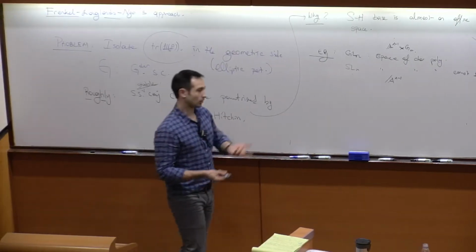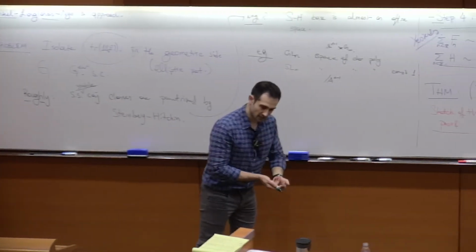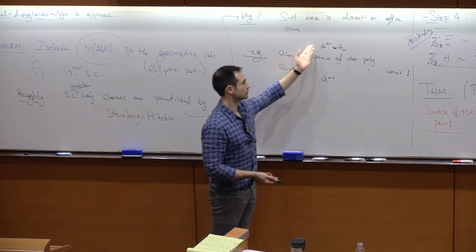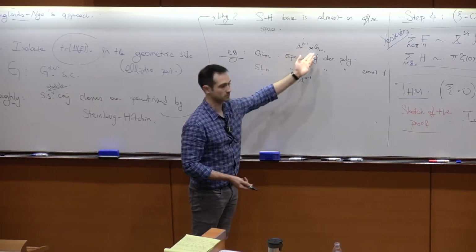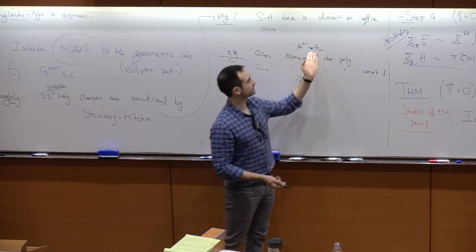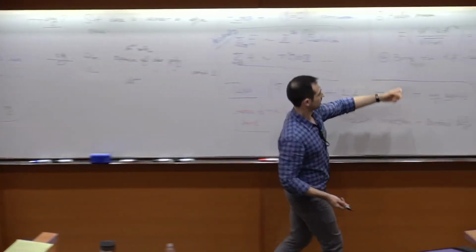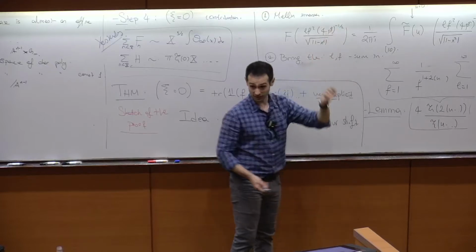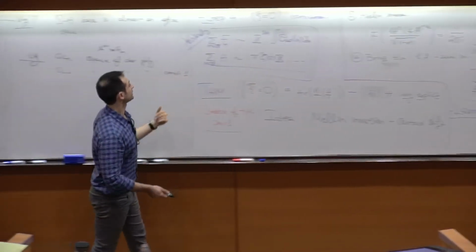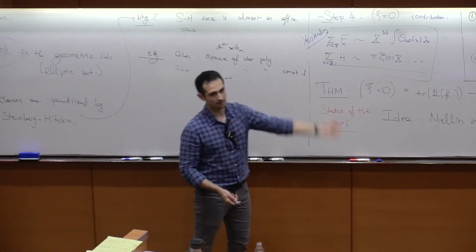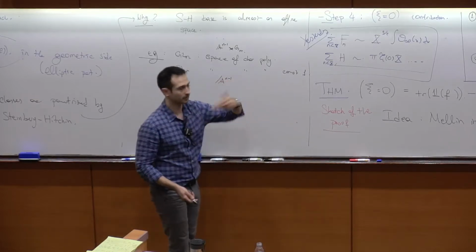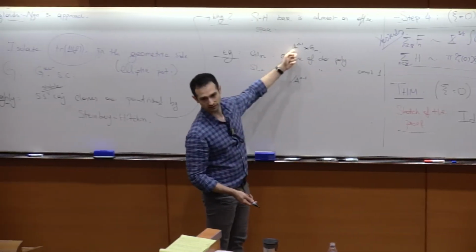And secretly, or not so secretly, we have been doing the exact same thing in the special case of GL2. In GL2, this is just A1 times Gm, and we were fixing the Gm part for all that matters, because this p to the r was the Gm part. And once we fixed that, we did a Poisson sum over this m variable, which kept coming up and up and up, and that is just the trace variable.